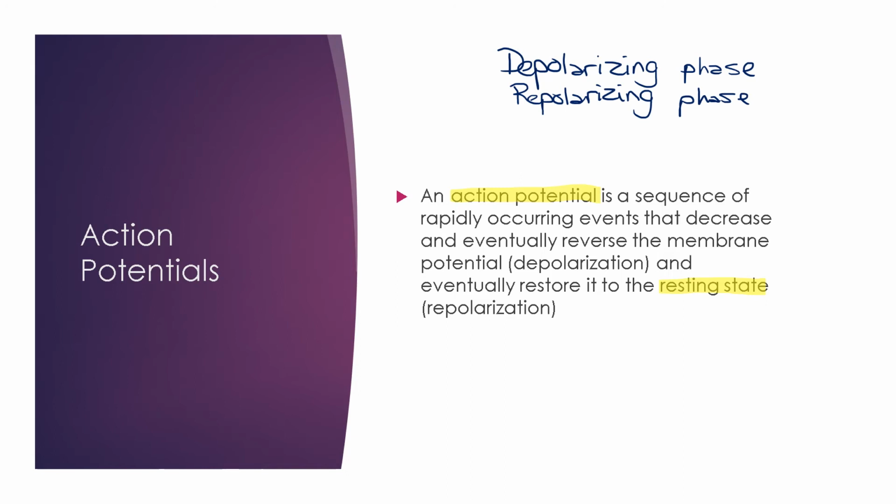During the depolarizing phase, the negative membrane potential becomes less negative. It's actually going to reach 0 and become positive. We'll see this in a graph in the next slide. And then during the repolarizing phase, the membrane potential is restored back to the resting state of negative 70 millivolts.